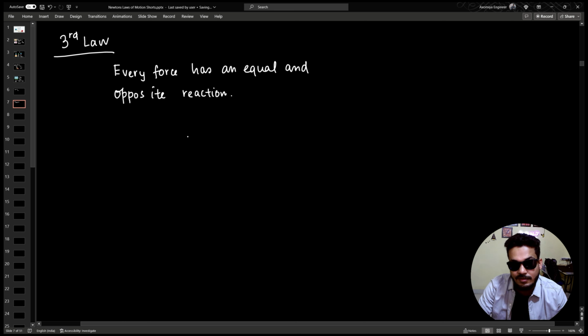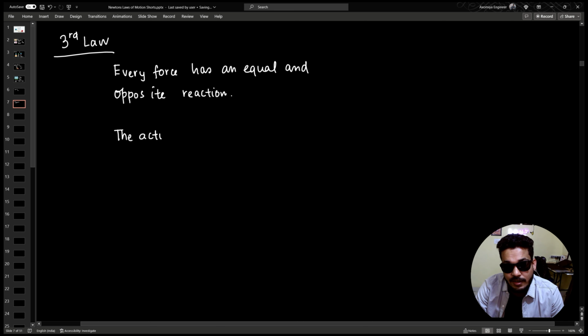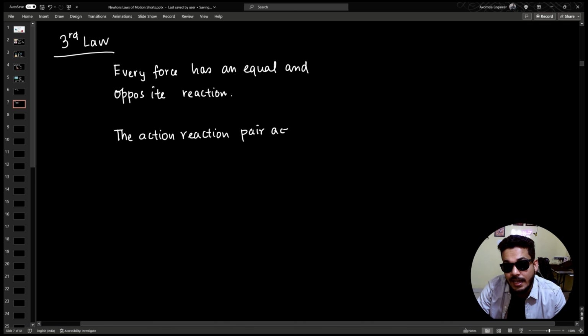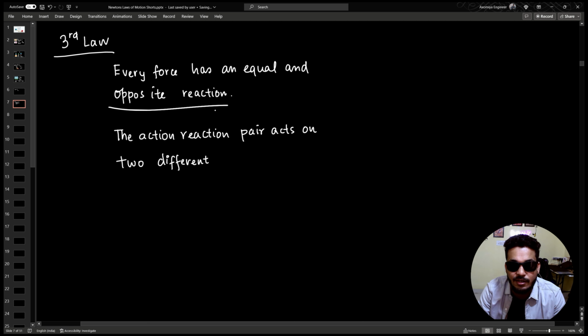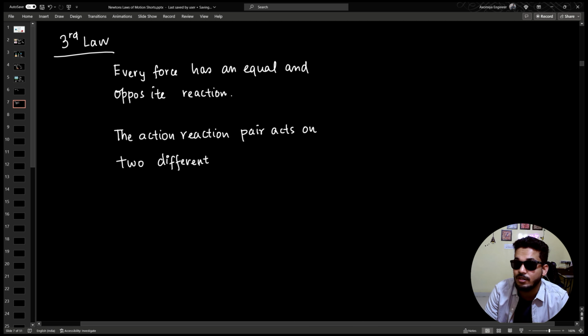Now the action reaction pair acts on two different bodies. Guys, this is one statement that I need you to understand, because everyone kind of remembers the first one, the second one being also very important for the application part of it. The action reaction pair acts on two different bodies, guys, two different bodies.